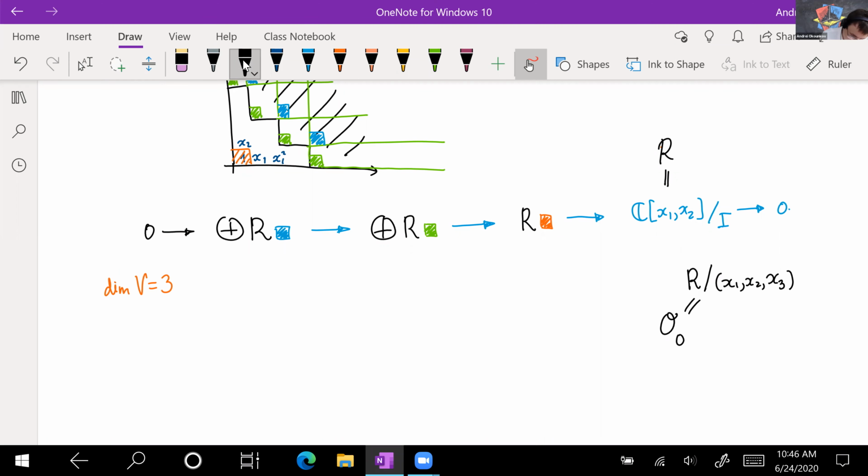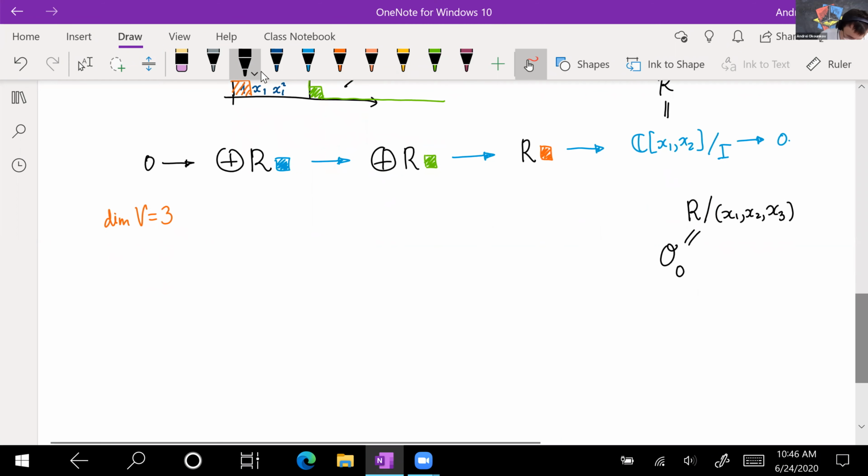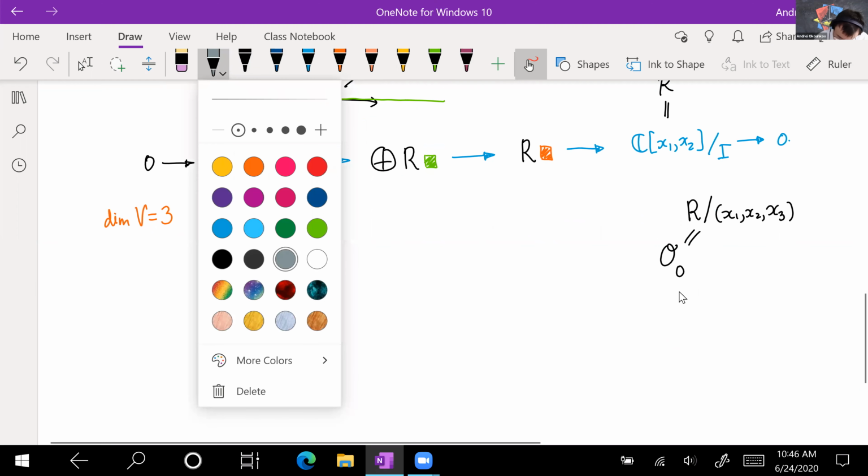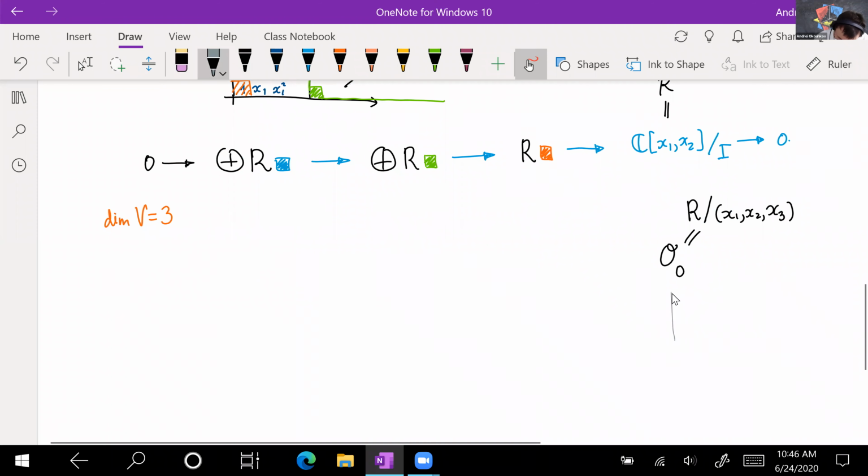And so this picture, which I drew in 2 dimensions, will look like this. If I have my coordinate axes, maybe say in gray, then what I need to resolve is just one single box, maybe put in blue.